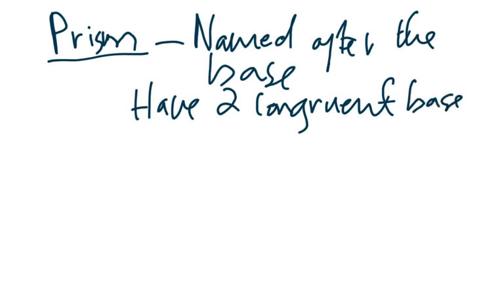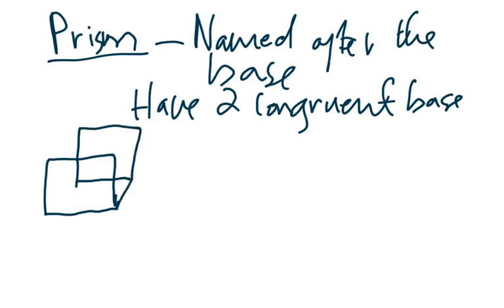So let me draw one prism. The first prism that I'm going to draw is, we've already done this in the previous slide, a cube. A cube is a family of prisms where the base is a square.